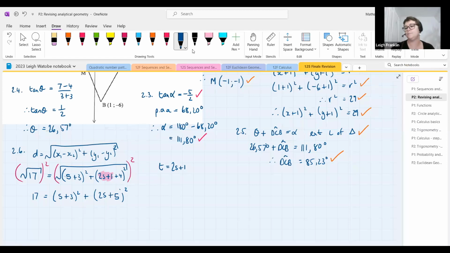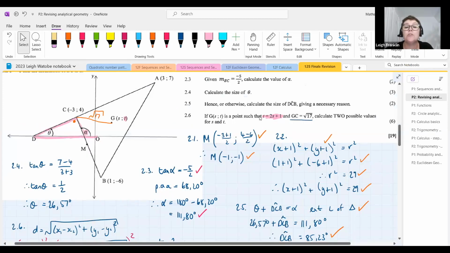Zwanaka. Hello, ma'am. Hello, Zwanaka. Ma'am, I think I missed the part where you said where exactly is the 2S coming from again? Okay, so we were given that, Zwanaka. Up here, they told us that T is equal to 2S plus 1.